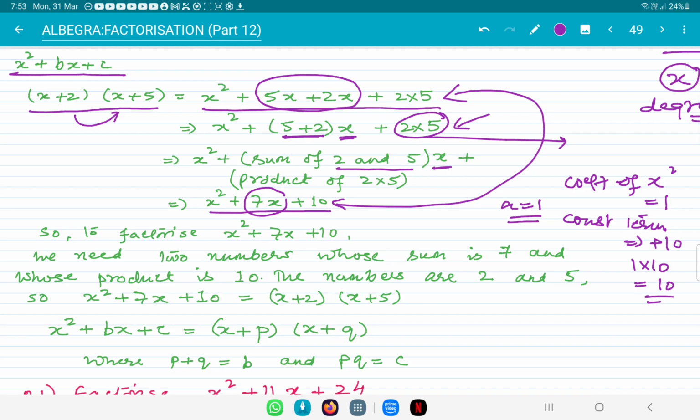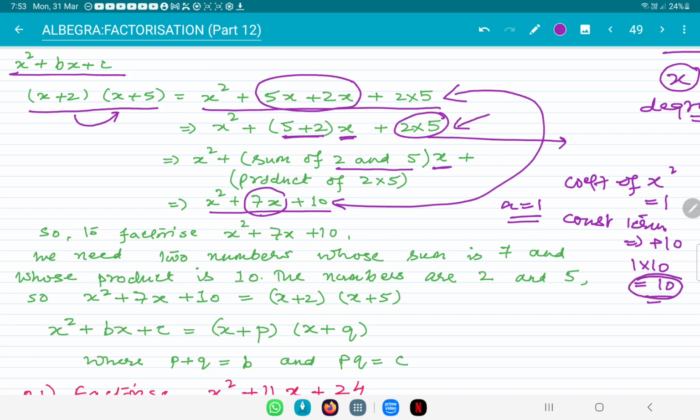Here I am explaining again that if we have x square plus 7x plus 10, we have to separate, or break, the middle term in such a way that 7x comes in the form of 5x plus 2x, and if we multiply 5 into 2, we get 10.